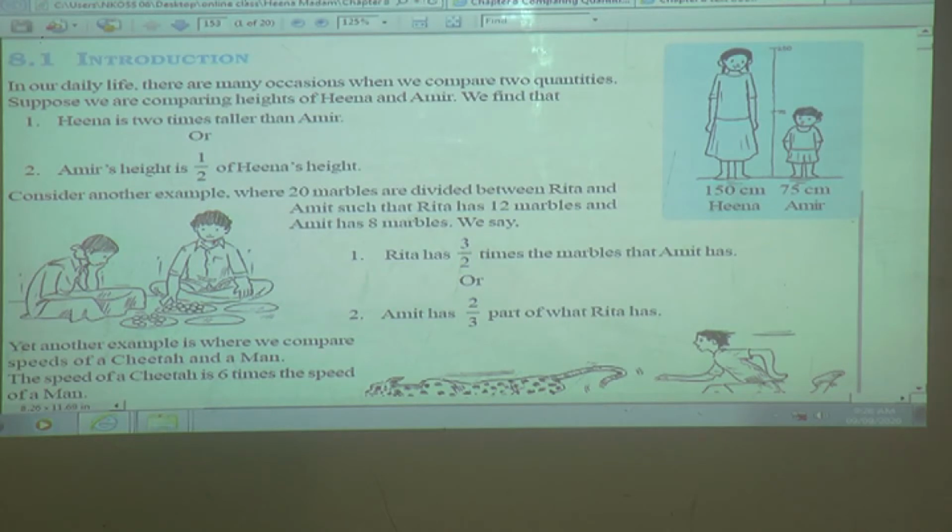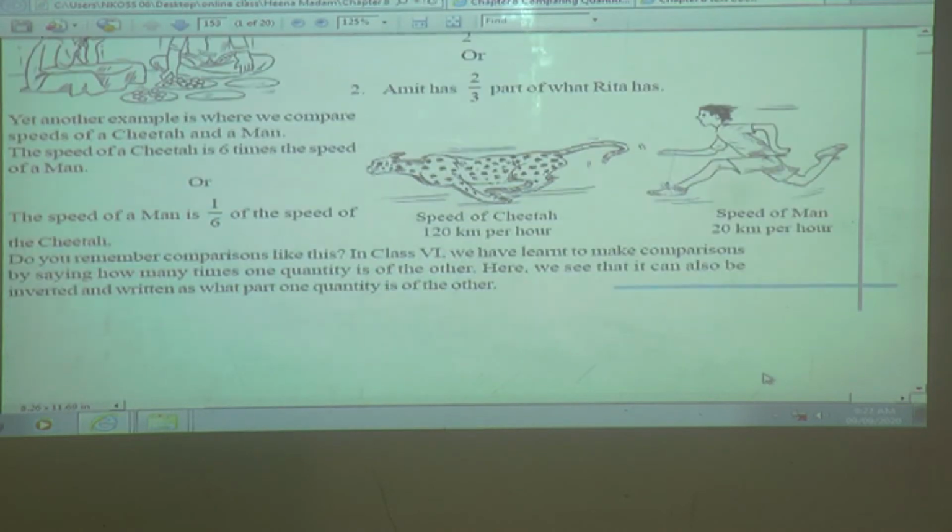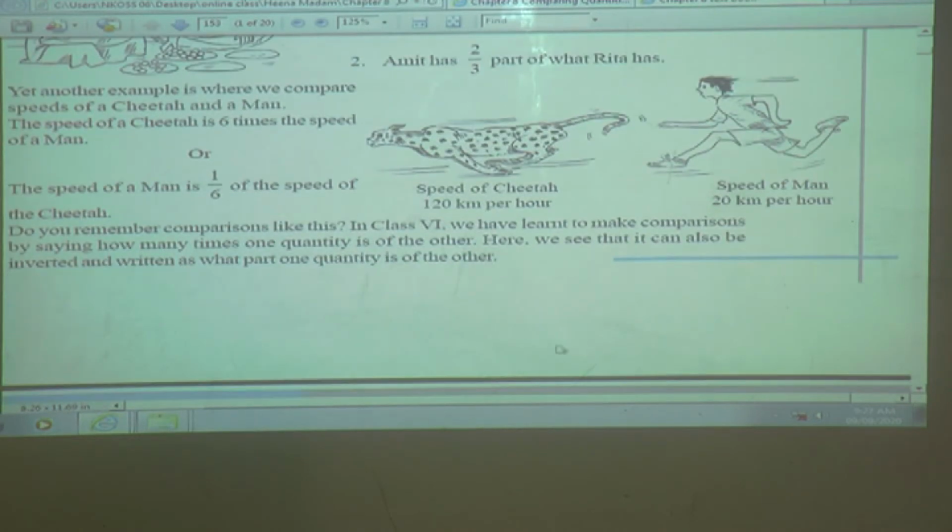Now yet another example is where we compare the speed of a cheetah and a man. The speed of a cheetah is 6 times the speed of a man. Here I will show the picture so it will be easy to understand.